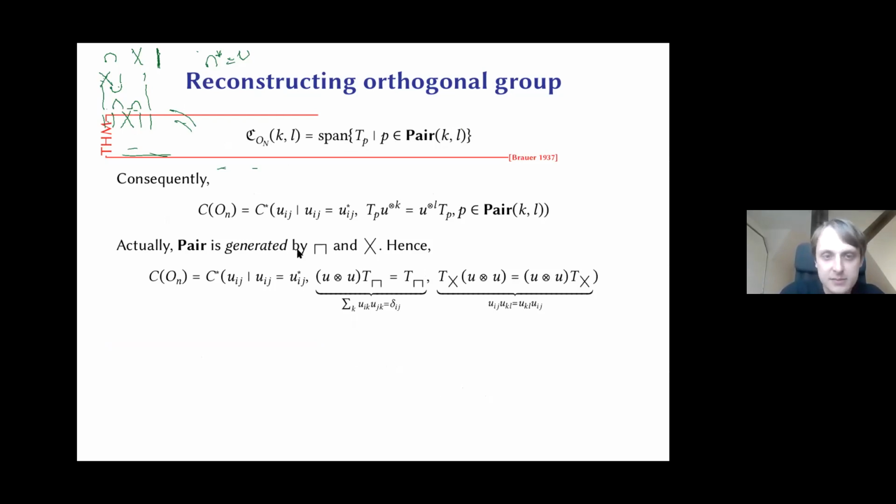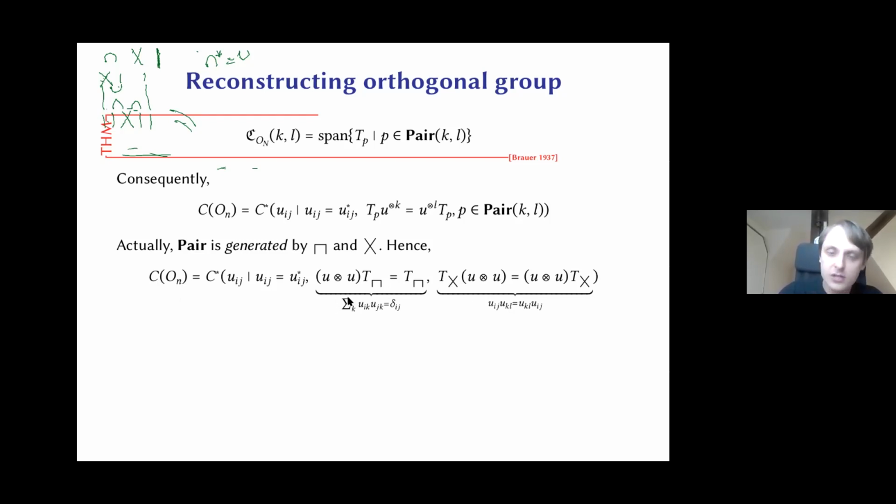So in particular, this means that if those two pairings generate the category, then the associated relations have to generate the ideal that defines the algebra. So actually here, if I define the associated algebra, I can only consider the relation corresponding to this pairing and this crossing pairing.